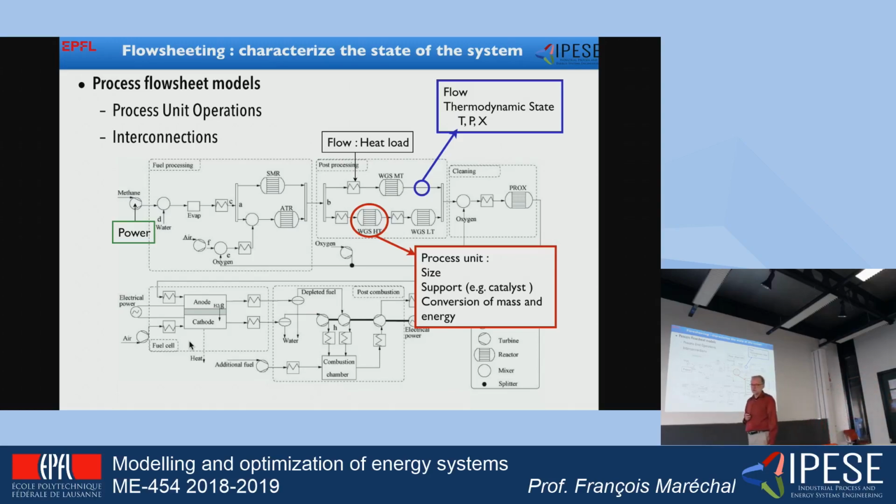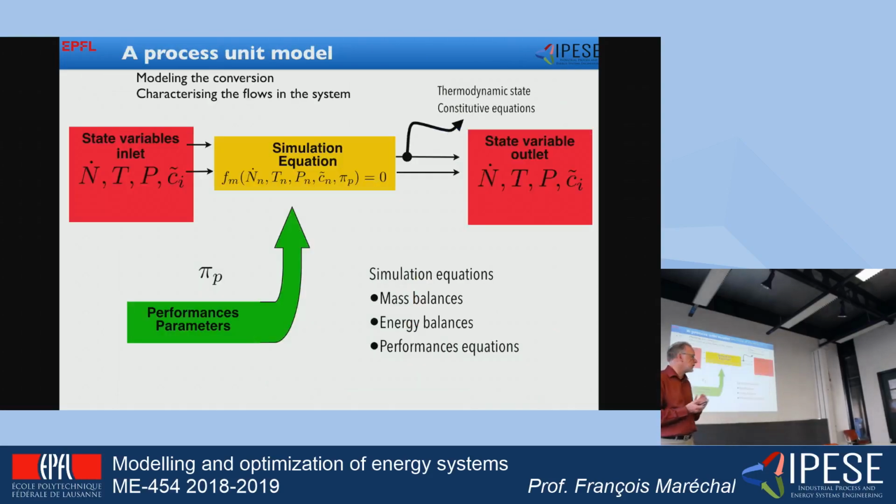Now, if I'm looking inside the process unit, I will need a model that is going to represent what is happening, how I convert the flows that are entering the unit into the flows that are leaving the unit.